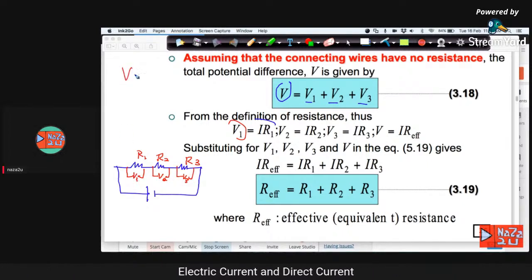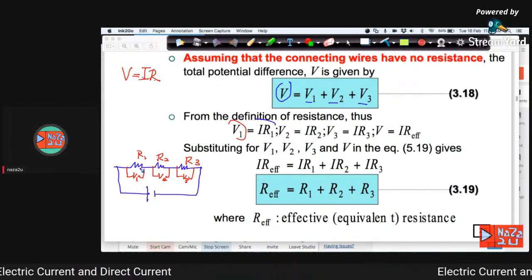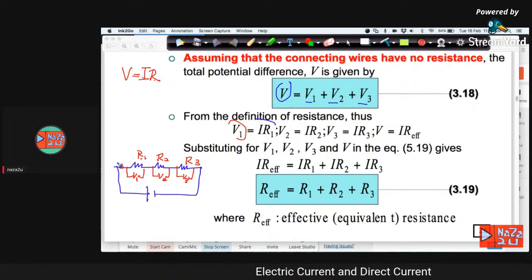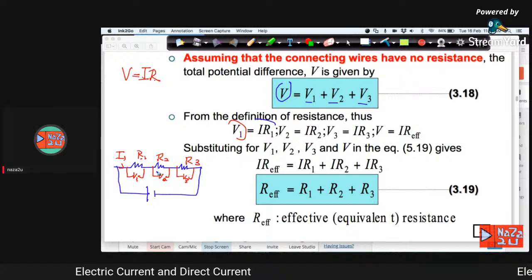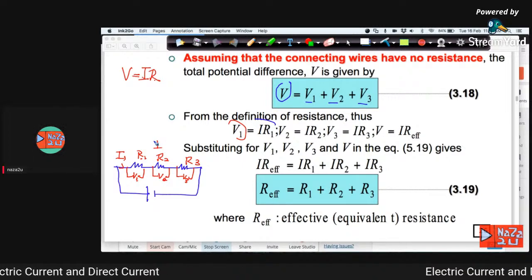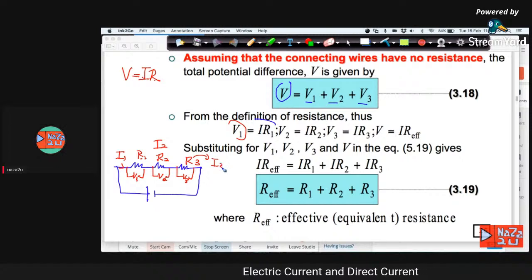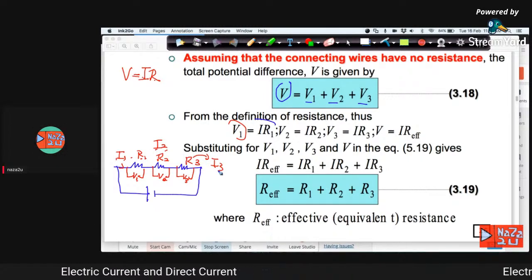So how to calculate voltage V1? By Ohm's law, kita tahu V equals IR, current times resistor. This is for V1, R is R1. Tapi current katalah this is I. Tapi kita tahu tadi, I yang masuk dalam resistor pertama, I2 dalam resistor kedua, I yang masuk dalam resistor yang ketiga adalah sama because it is in series.